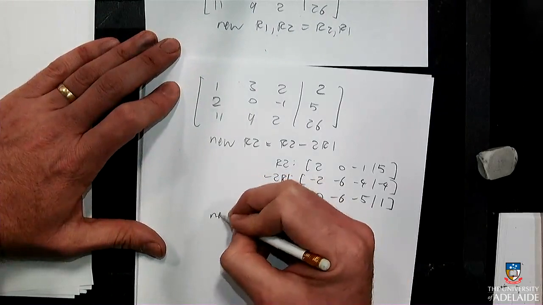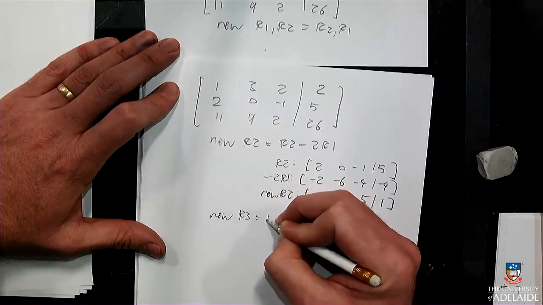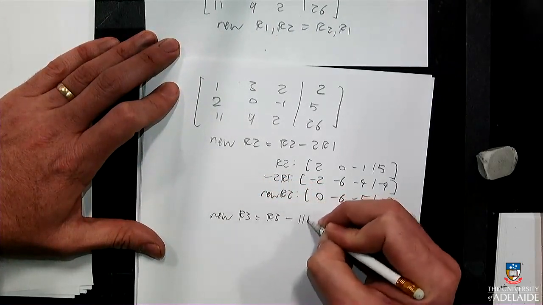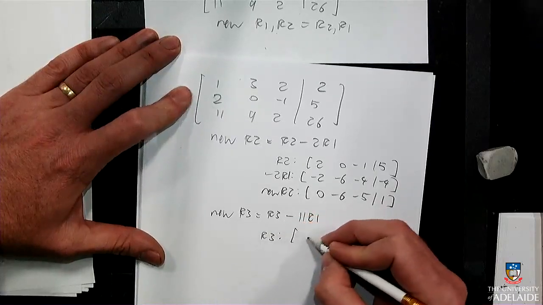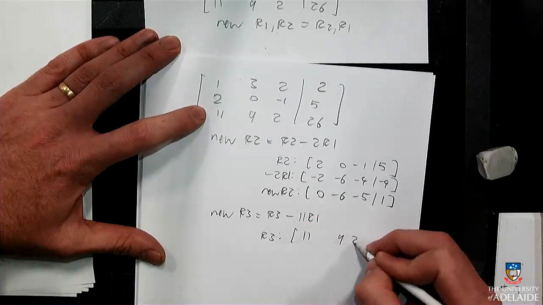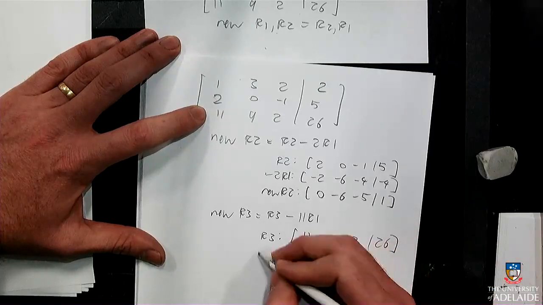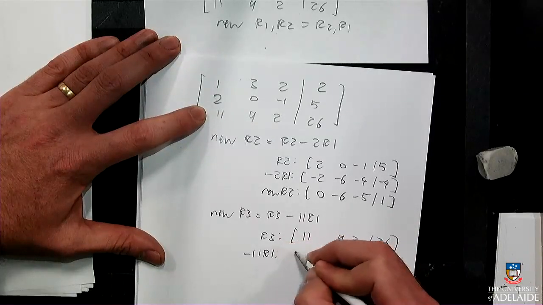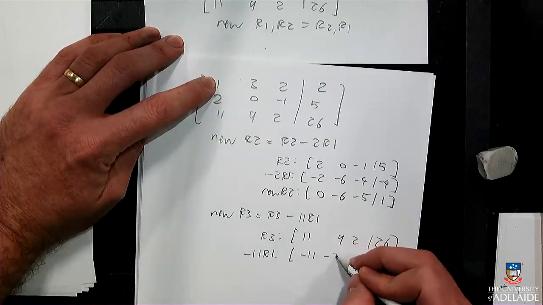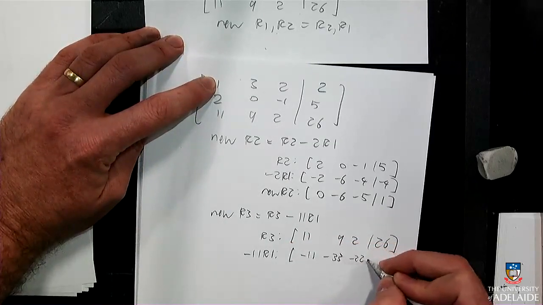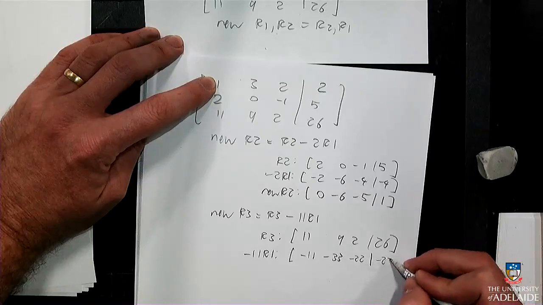Okay, and my new row 3 is going to be row 3 minus 11 of row 1. So this is the current row 3: 11, 9, 2, 26. And minus 11 of row 1 is minus 11, minus 33, minus 22, and minus 22.